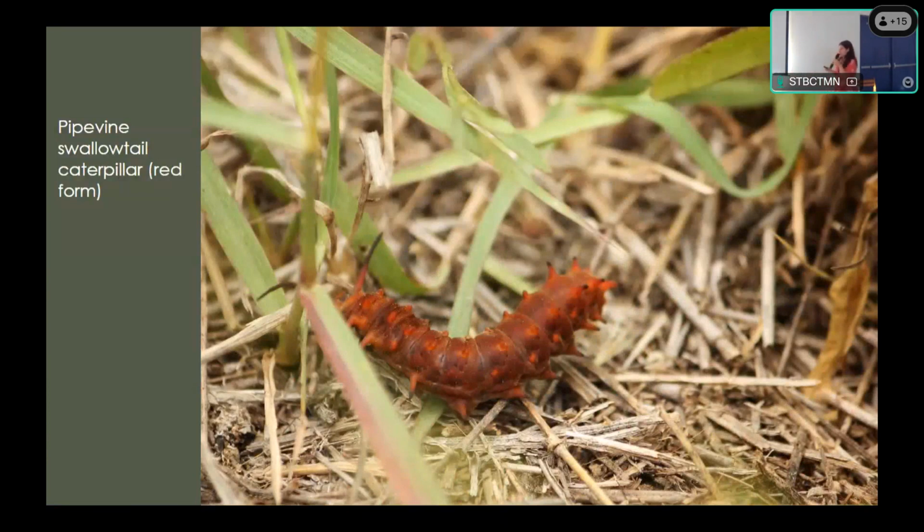It might even be open access, but they did an experiment to see if the color could be brought on via the climate. And so they raised pipevine swallowtail caterpillars in different temperatures. And sure enough, the ones that were raised in hot temperatures were all red, and the ones that were raised in lower temperatures were all black. And it was really consistent. So it's probably not an ecotype difference. It's more just some kind of phenotypic plasticity that happens as a result of the temperature.